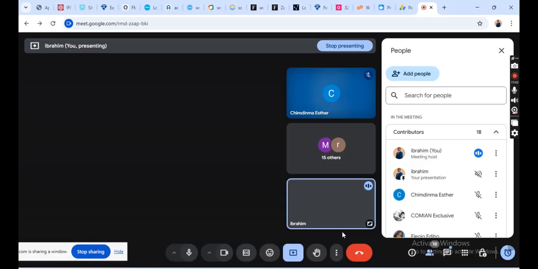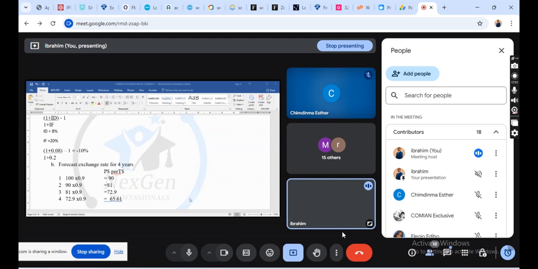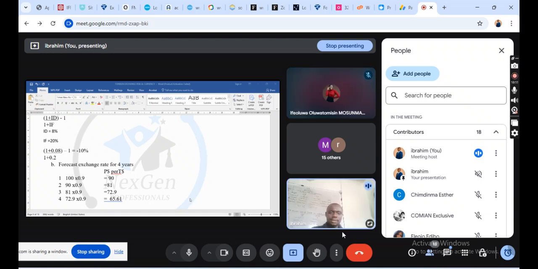You don't want to invest in the Nigerian market. The project is for 4 years. The first year, the spot rate, you calculated the inflation rate for Nigeria and the inflation rate of the other currency.